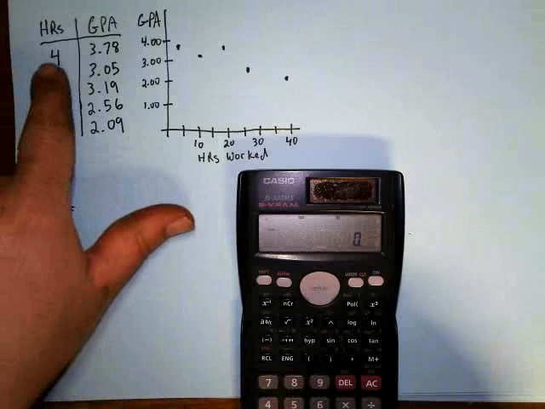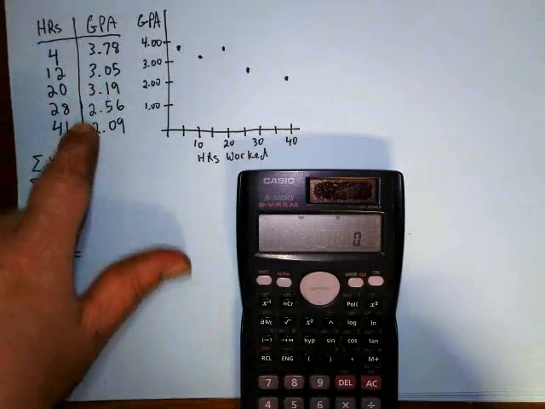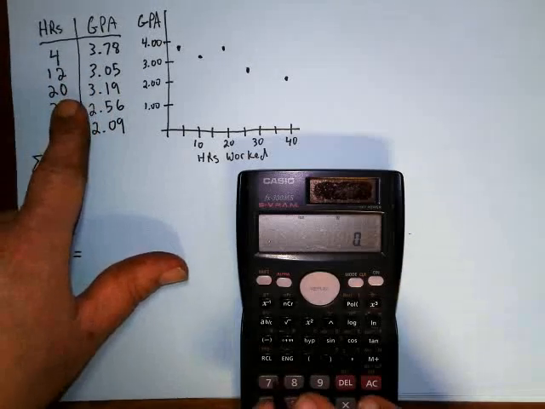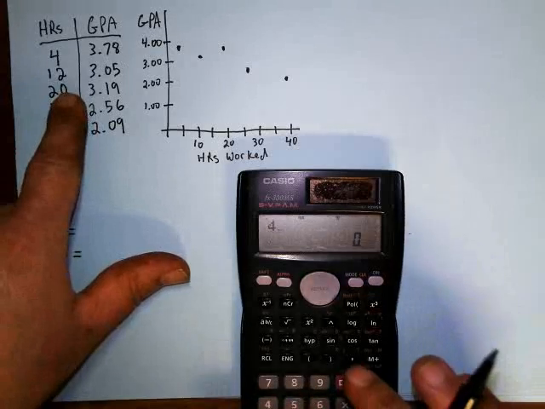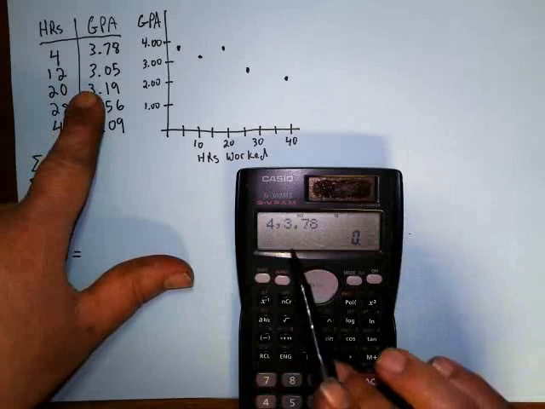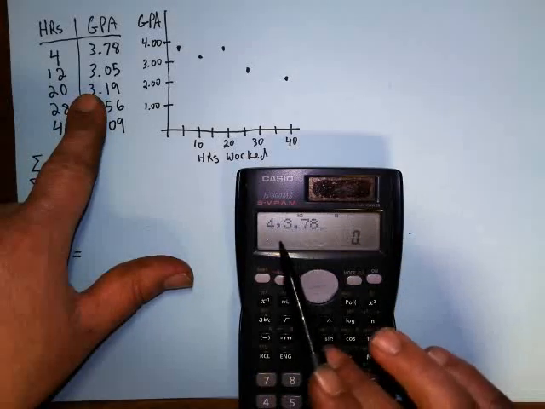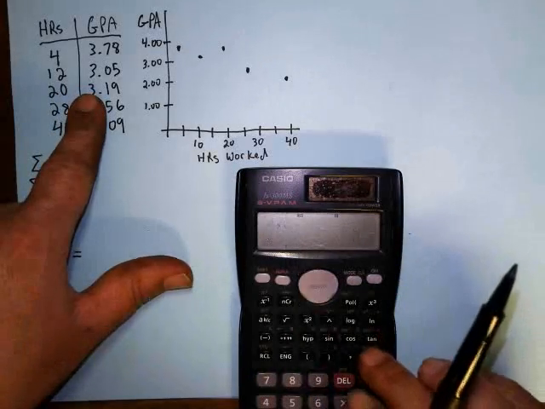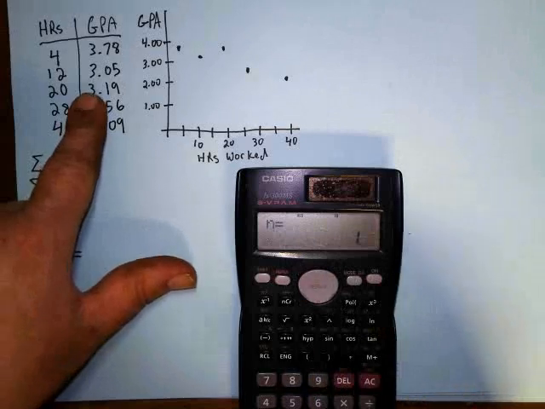Now I'm going to put this data in here as ordered pairs. So I'm going to put 4, then a comma, and 3.78. Just a comma in between the two numbers, and then I hit M plus, and it'll say n equals 1.